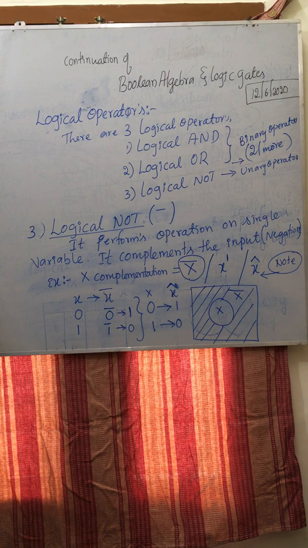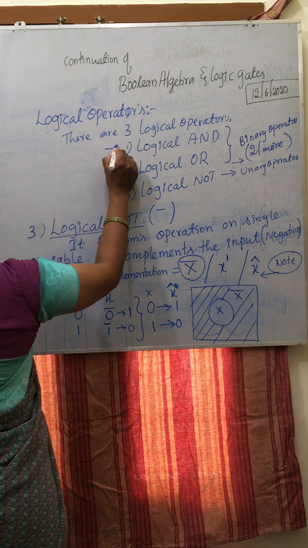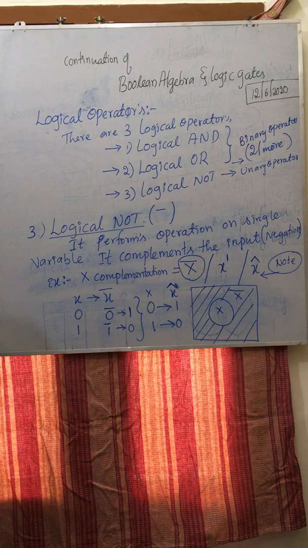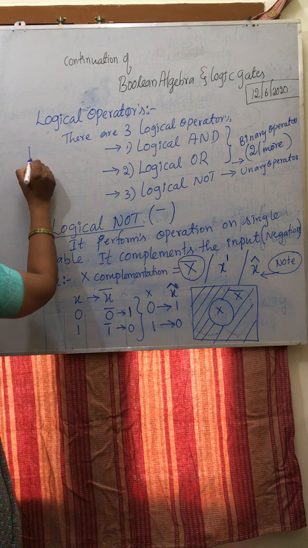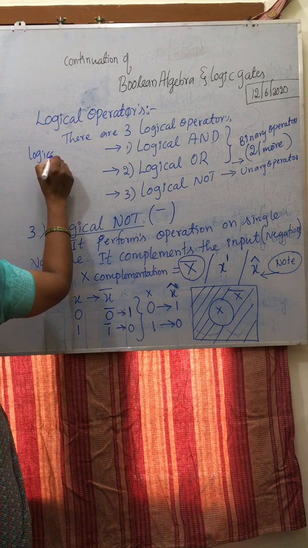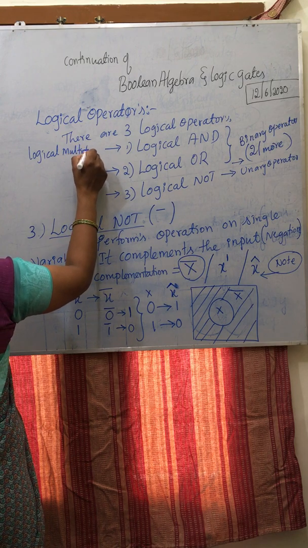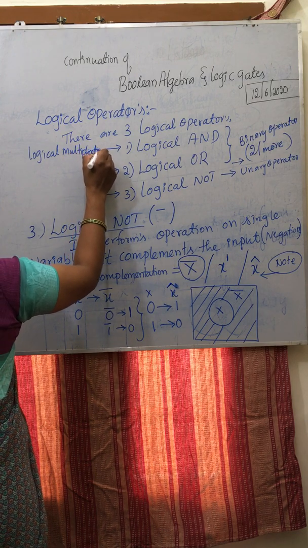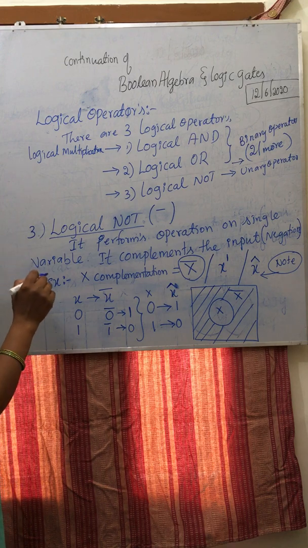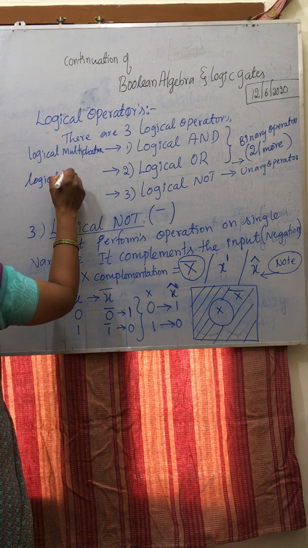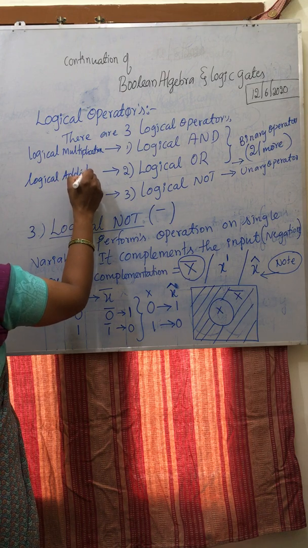So, logical operators. There are three logical operators. One is the logical AND operator, the logical OR operator, and the logical NOT operator. Logical AND performs logical multiplication. Logical OR performs logical addition.